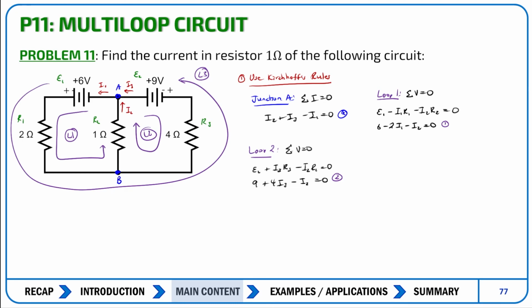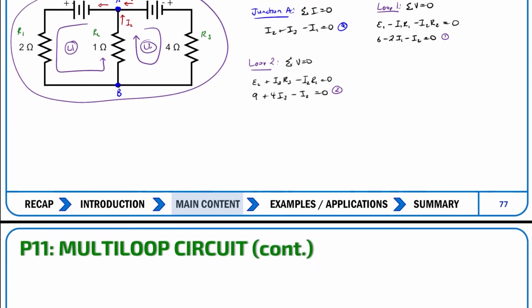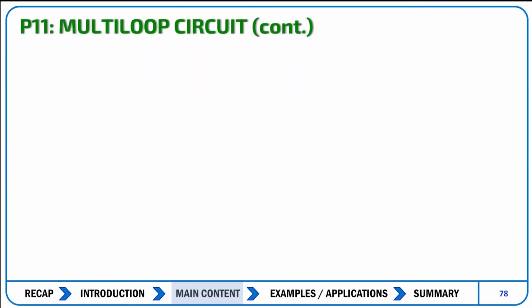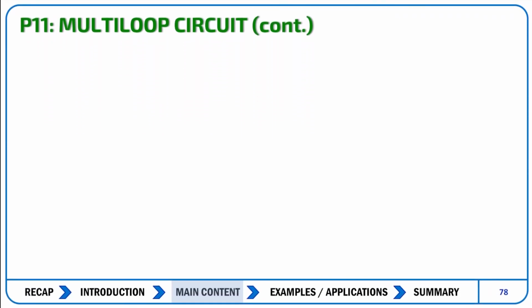Now we have to try and find the current in R2. So that involves us combining all of these equations. I'm just going to go to the next slide, and we're going to solve for I2. We want I2 first, so we have to eliminate all the other variables.